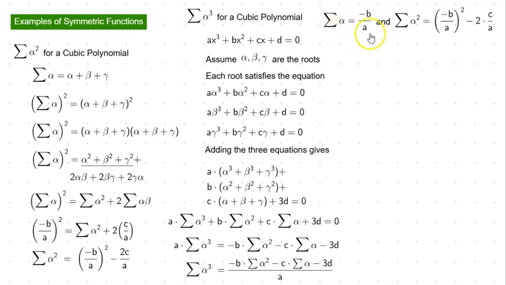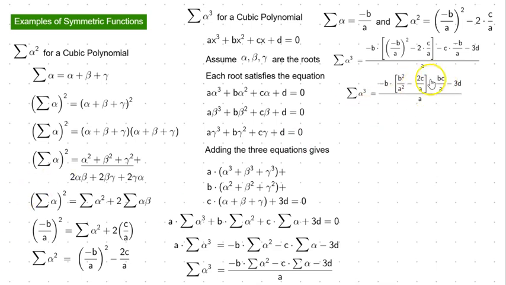Since sigma alpha is equal to minus b by a and sigma alpha square is equal to minus b by a the whole square minus 2 times c by a, let's do the substitutions. We get sigma alpha cube is equal to minus b times minus b by a the whole square minus 2c by a minus c times sigma alpha, which is minus b by a, and minus 3d, divided by a.